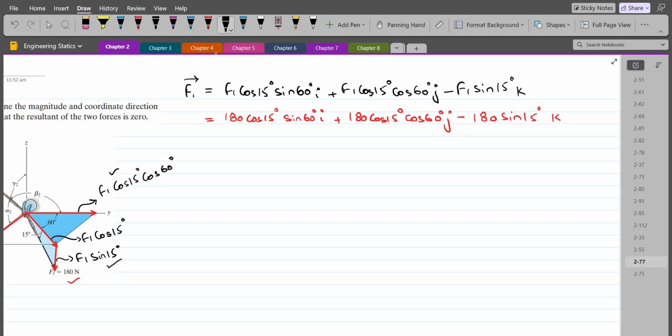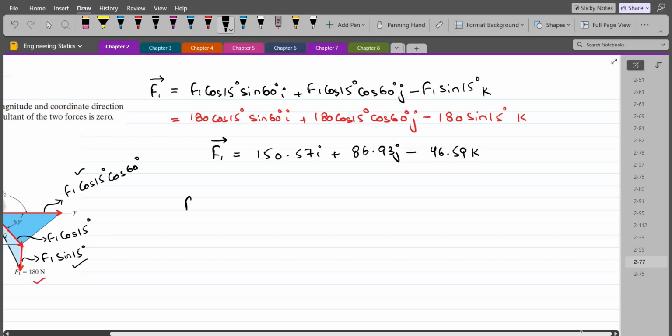Upon simplification, F1 comes out to be 150.57 i plus 86.93 j minus 46.59 k.